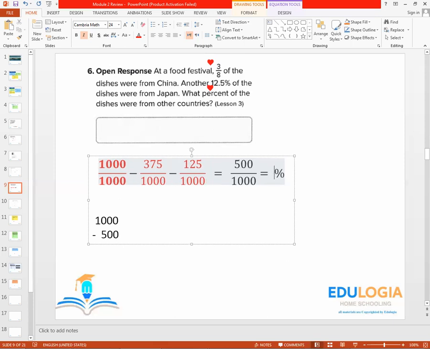You should make simplification first. Simplify, simplify. Just 10, 10 up, 10 down.